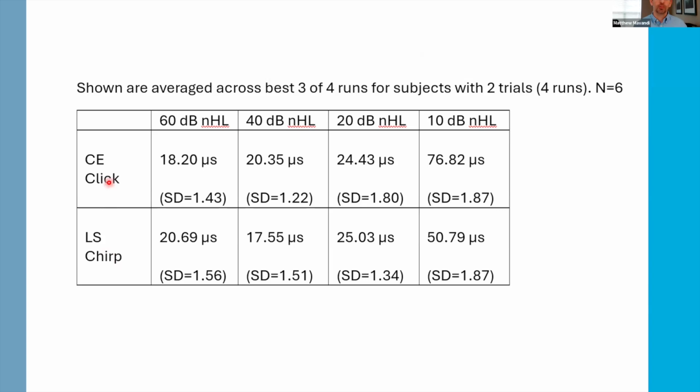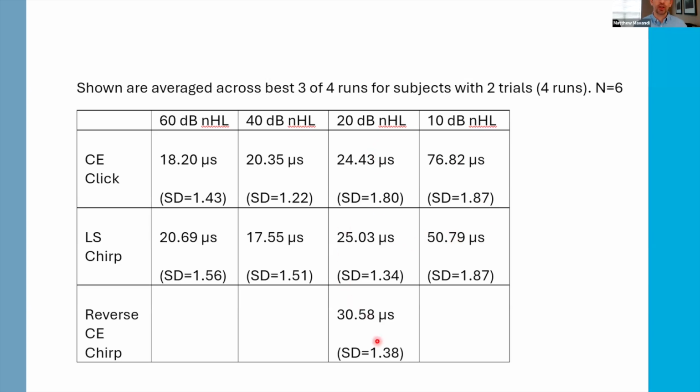Now with the chirp, we were able to show that here at 10 dB, the test subject did pretty well compared to the 10 dB click. Whereas at the rest of these, 60, 40, 20 dB, they did fairly similar. It wasn't until the volume was very quiet that, we believe, we were able to activate the cochlea better with the chirp rather than the click.